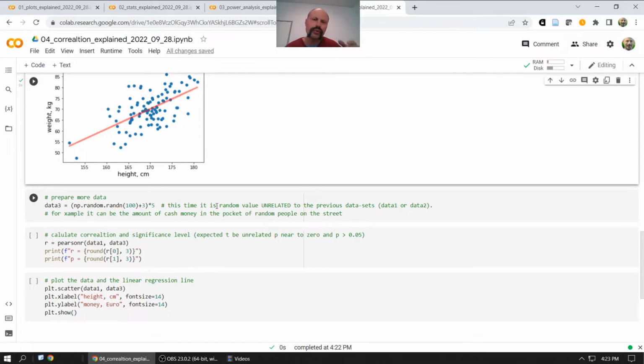It can be €2, it can be €5, it can be €10, but it doesn't really depend on the height of the person. Those are totally unrelated, totally independent things. So here in data 3, we don't include any information from data 1 or data 2.